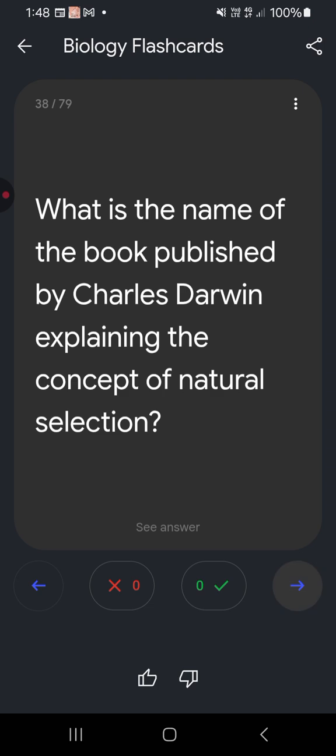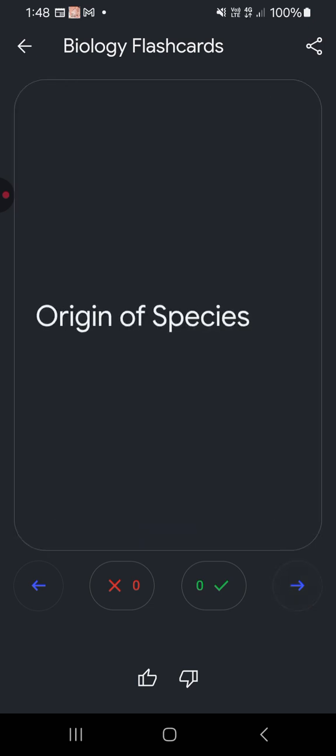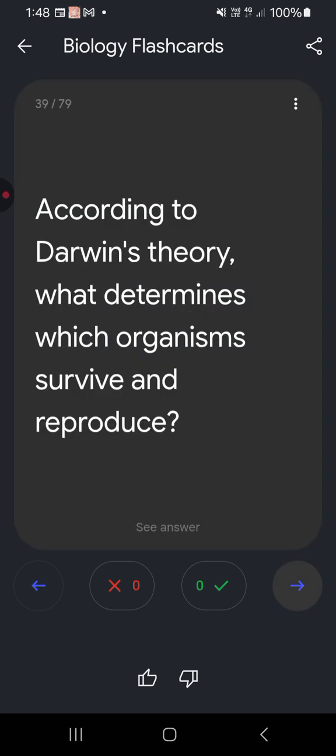What is the name of the book published by Charles Darwin explaining the concept of natural selection? We know the answer: Origin of Species. According to Darwin's theory, what determines which organisms survive and reproduce?